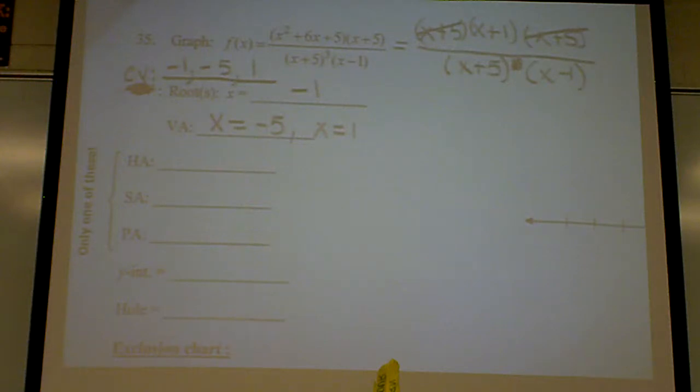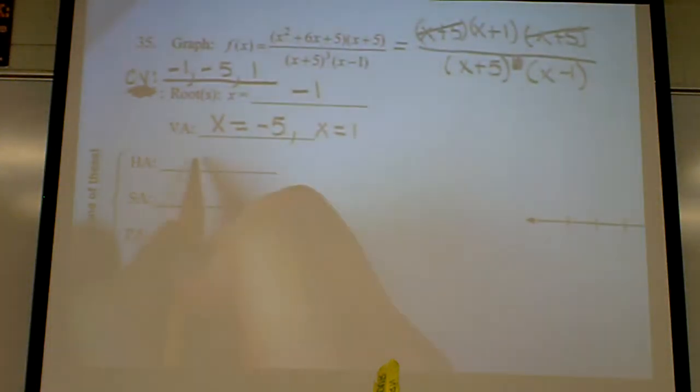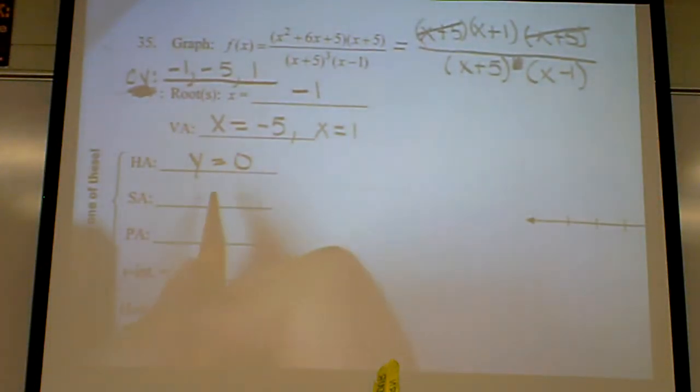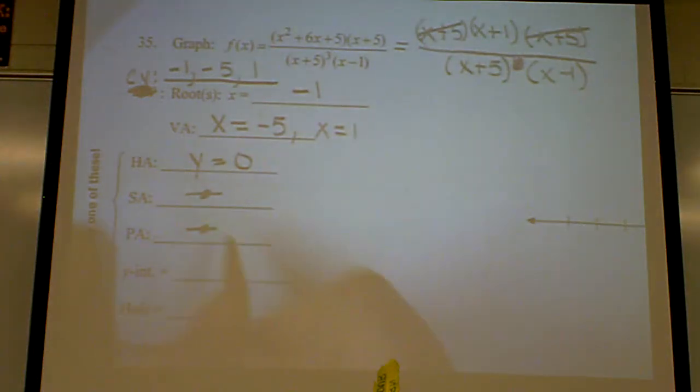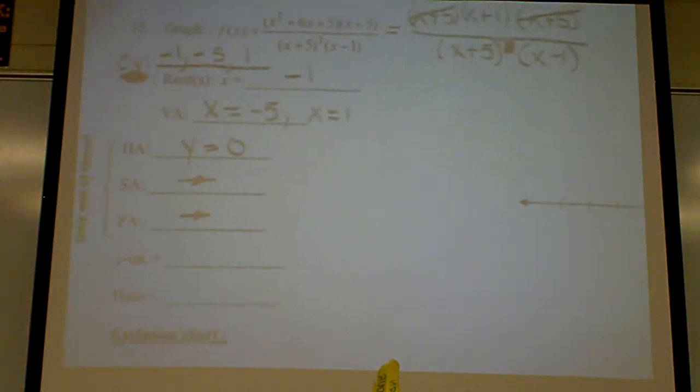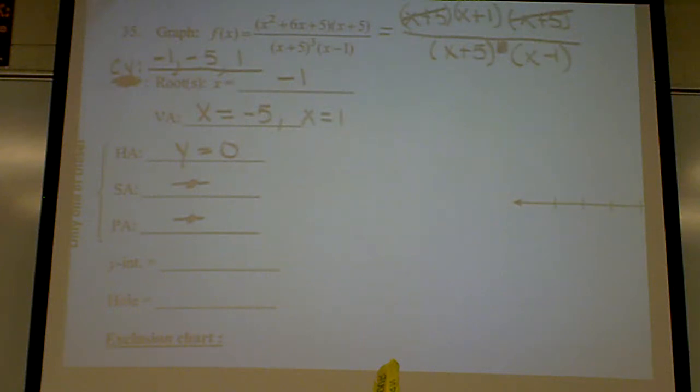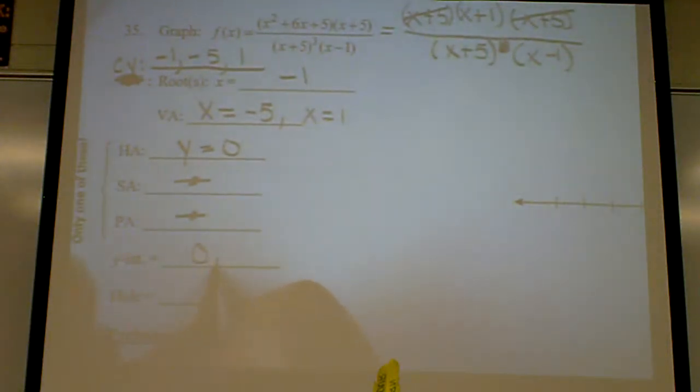Horizontal. And it is y equals 0. What is my y-intercept when I put 0 in for x? 0, negative 1/5. And we said there were no holes.